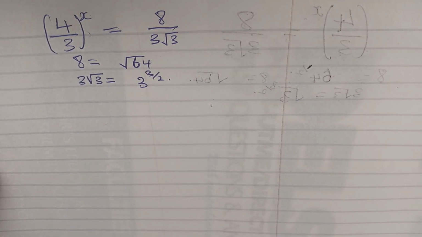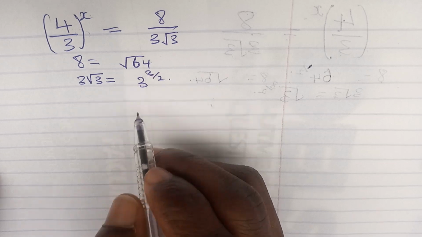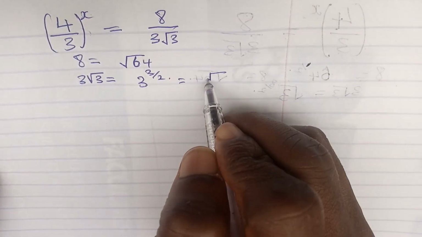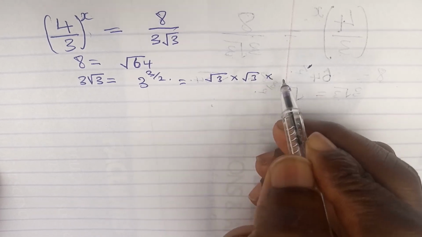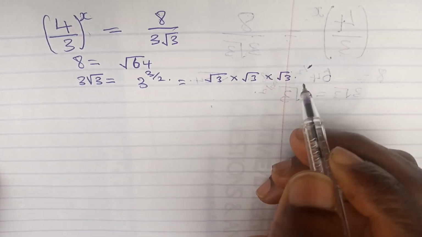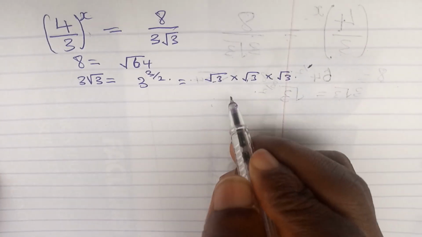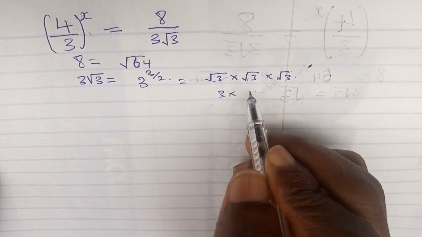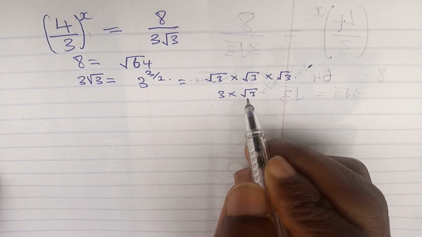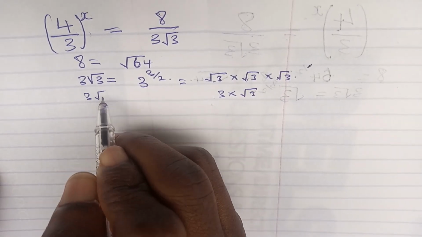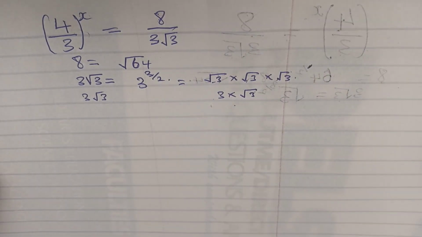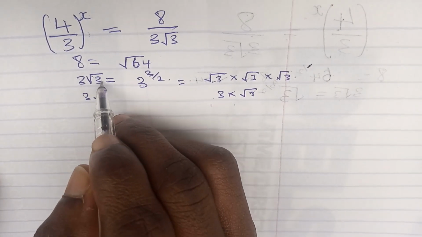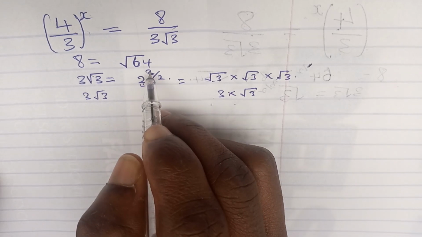What do we mean by 3 to the power of 3 over 2? It is also equal to the root of 3 times root of 3 times root of 3. If you multiply this with this, it is going to give us 3. Then multiply it with this, it is going to give us root 3. So we are now having this backward. So you can now see that 3 root 3 is also equal to 3 to the power of 3 over 2.